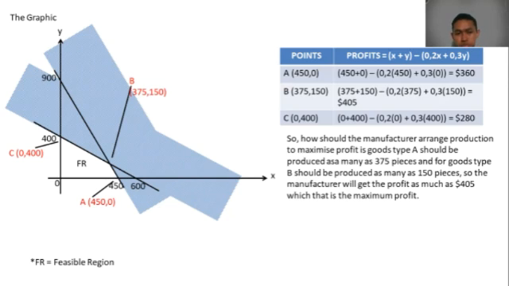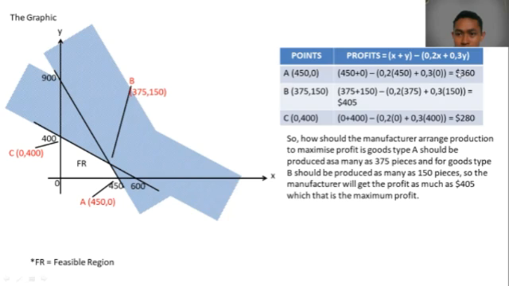And then the 3 points that surround the feasible region, we put in the profit to calculate the maximum profit. From the A point, 450 and 0, we calculate the profit x plus y less by 0.2x plus 0.3y, and then we can get the profit.